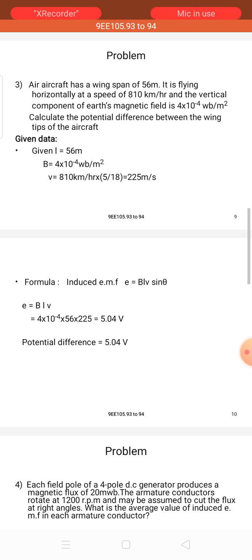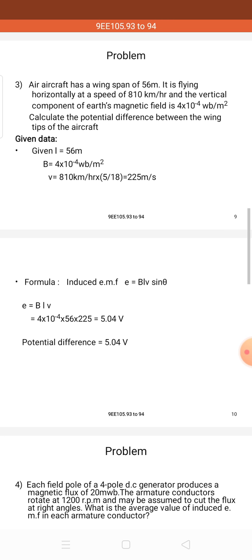And the velocity of the conductor, V, is equal to 810 kilometers per hour.